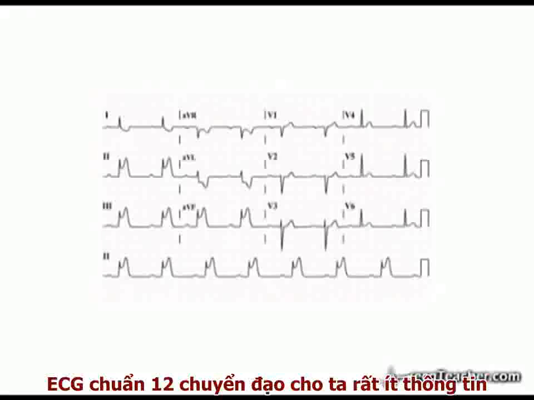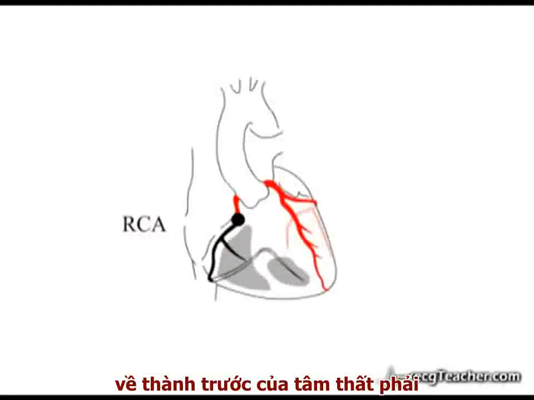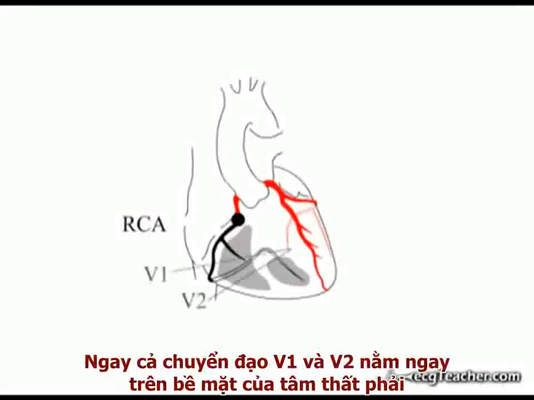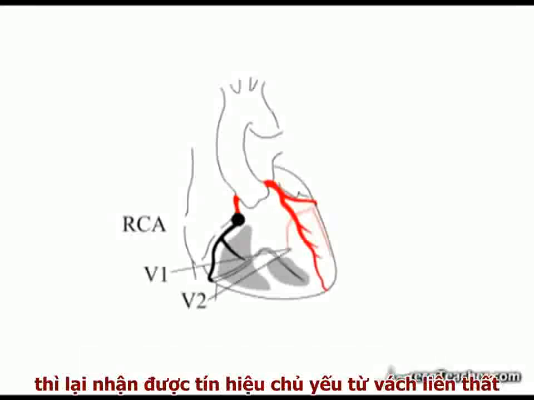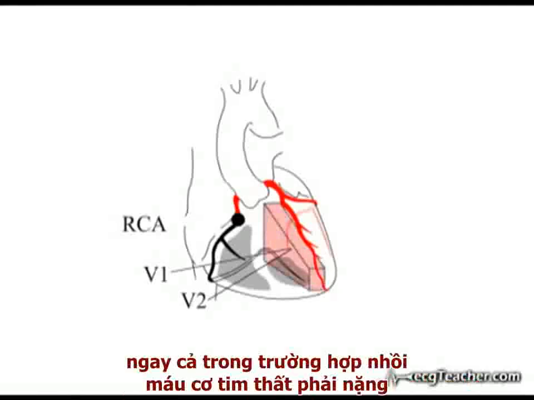In fact, the standard 12-lead ECG gives very little information about the free or anterior wall of the right ventricle. Even leads V1 and V2, which face this surface of the ventricle, are dominated by signal from the septum and may show little or no change in the presence of significant RV infarction.